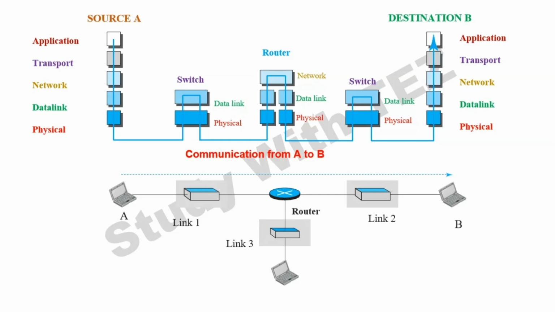Here, n is the number of links that the router is connected to. So, if there are n connections, then it will have n number of links. This is because each link shall use its own data link layer and physical layer protocol. That is the reason this is being separated.